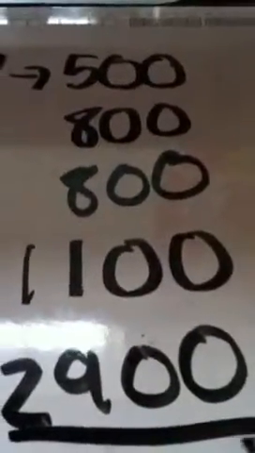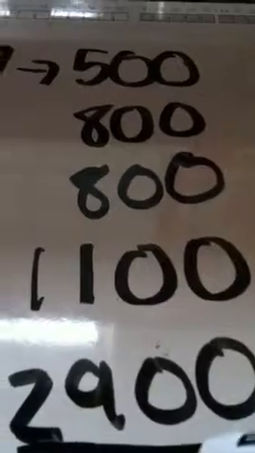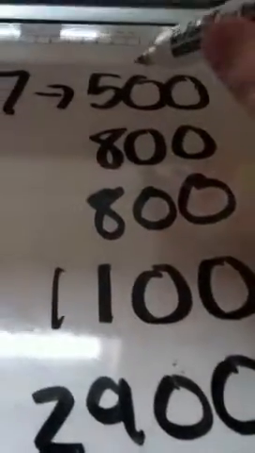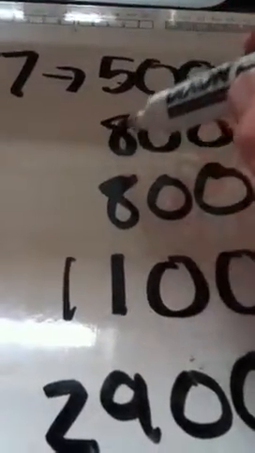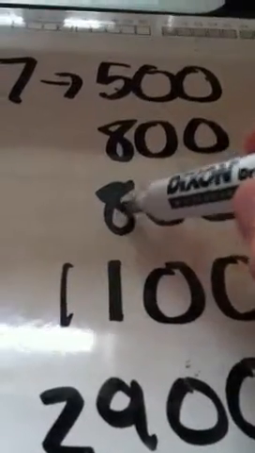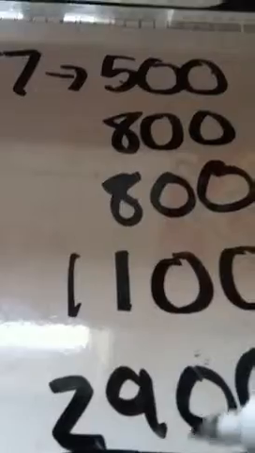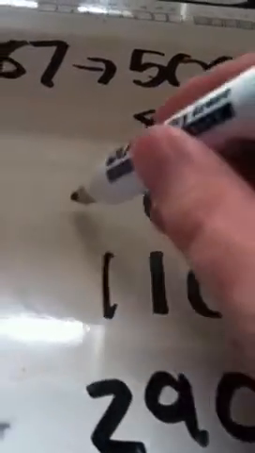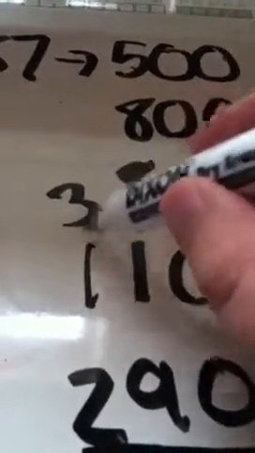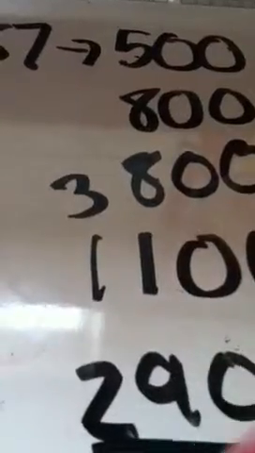So when I go ahead and add those together, the ones column is 0, the tens column is 0, the hundreds is 5 plus 8 is 13, 13 plus 8 is 21, 21 plus 1 is 22, 22 plus 1 is 31, put down my 1, carry my 3, 3 plus 1 is 4, plus 2 is 6, so my final answer is 6,100.